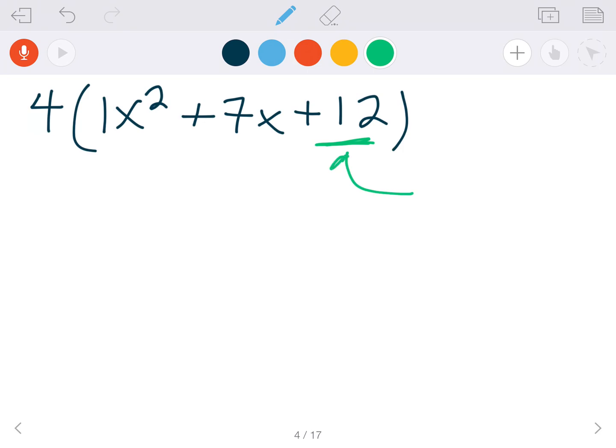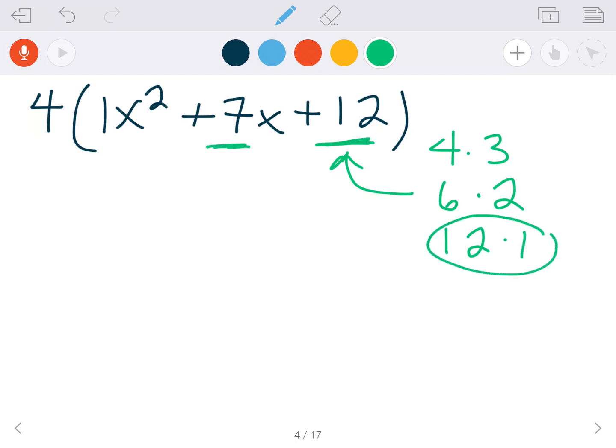So we need to look at 12 and figure out what are the factors of 12. Well, I can think of 4 times 3, 6 times 2, and 12 times 1. But we want to find two numbers that when we add them together, we get 7. So starting at the bottom, 12 plus 1. What's 12 plus 1? 13.